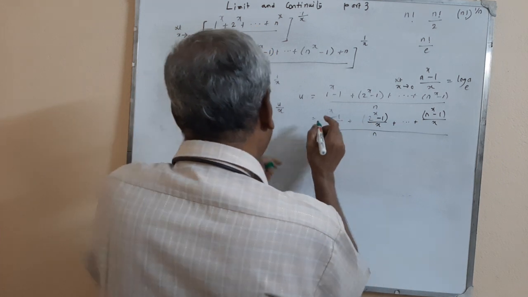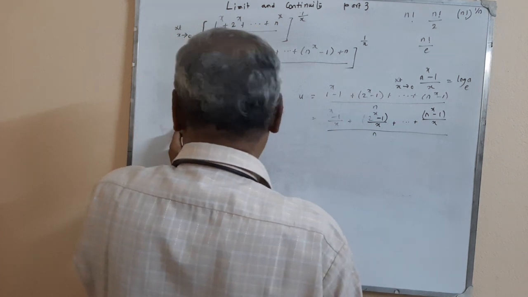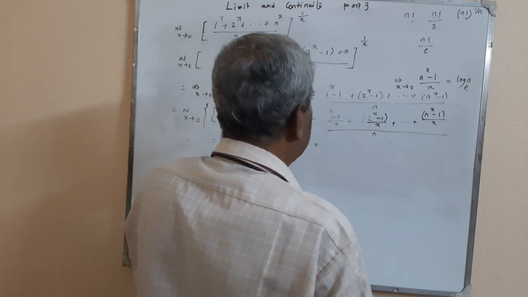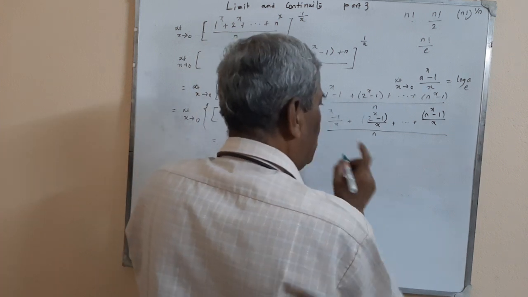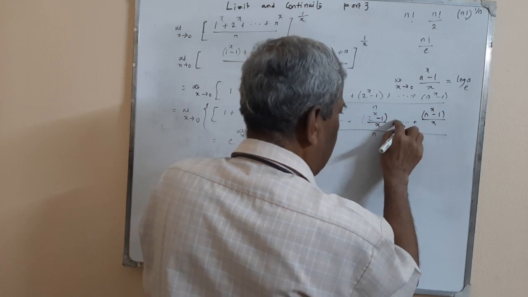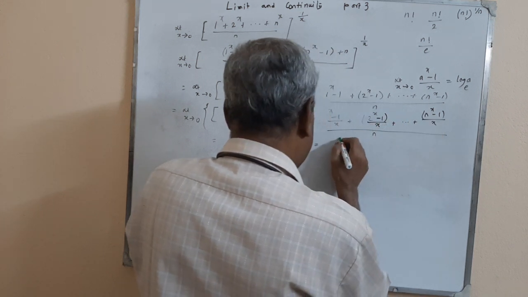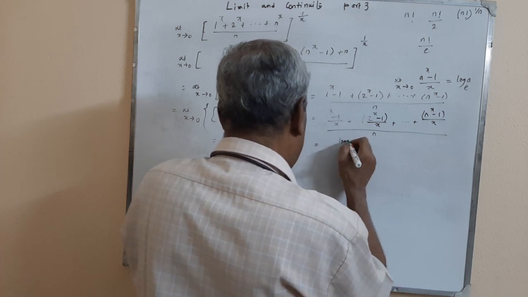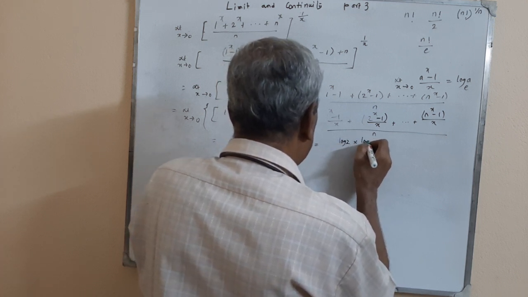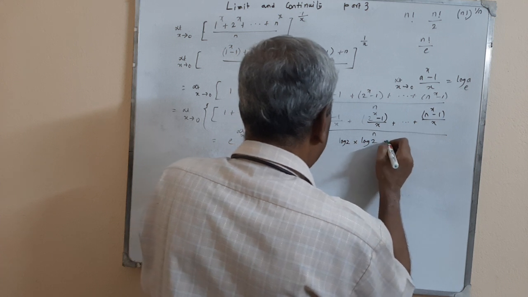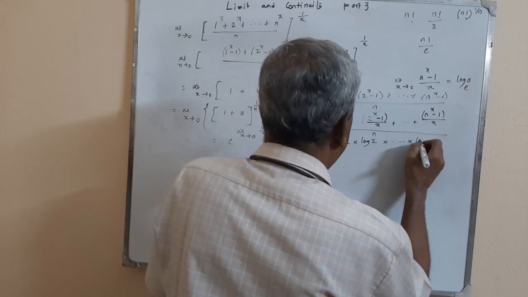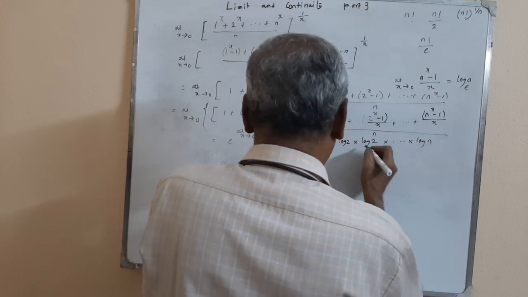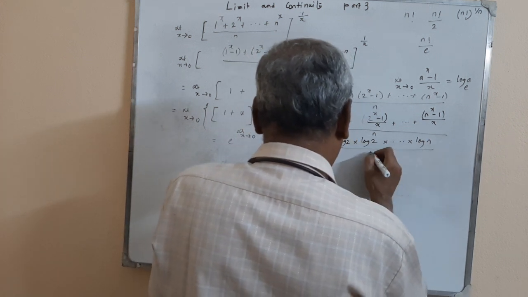Now taking limit x tending to 0, this is log 1 base e, log 2 base e, log 3 base e, log n base e, so that it is equal to log of 1 into log of 2 into log of n, all are base e, so divided by n.